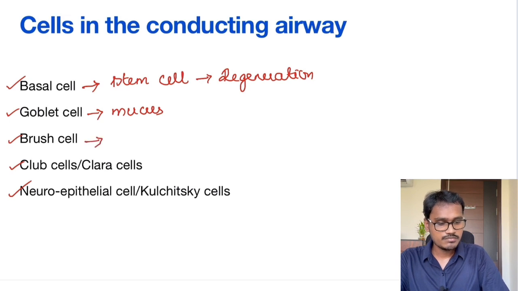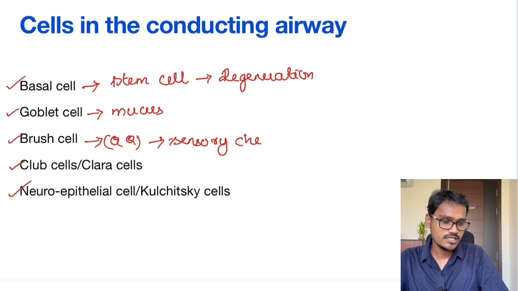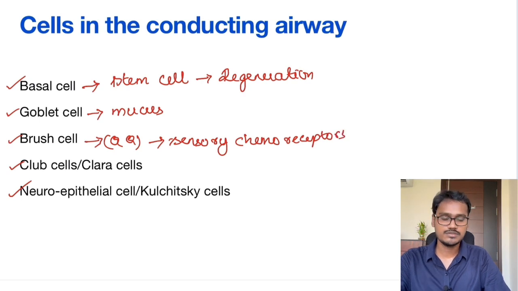Then coming to the brush cells, which could be a potential MCQ. These brush cells are primarily involved in sensory chemoreception. This is newly identified, so it is very important. These are primarily sensory chemoreceptors.